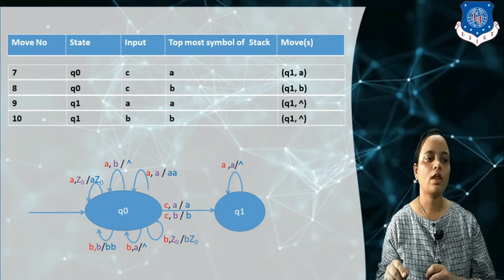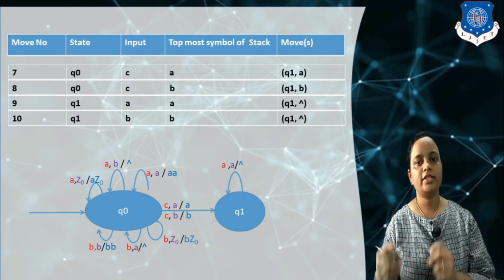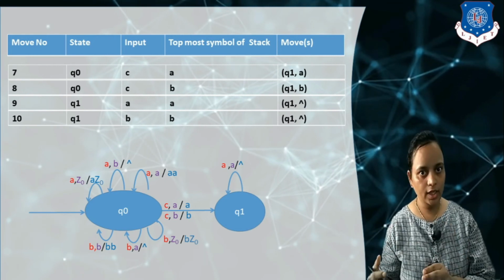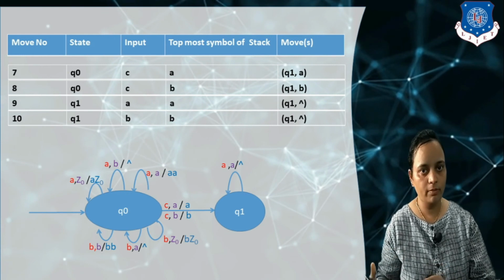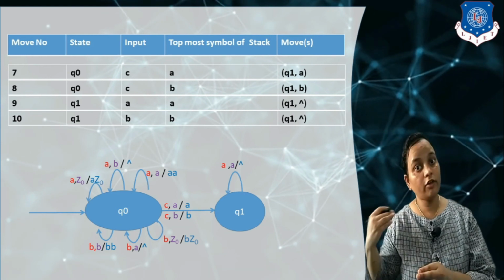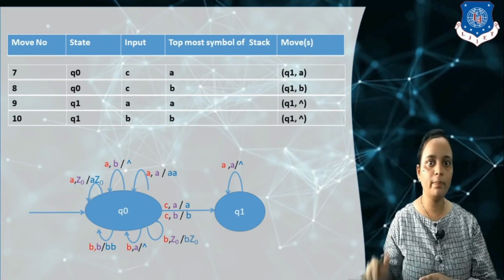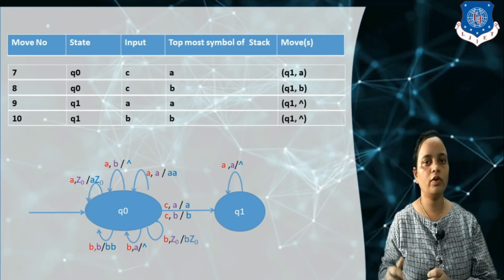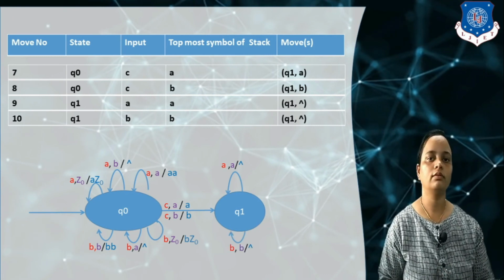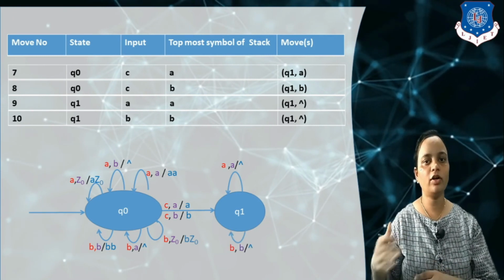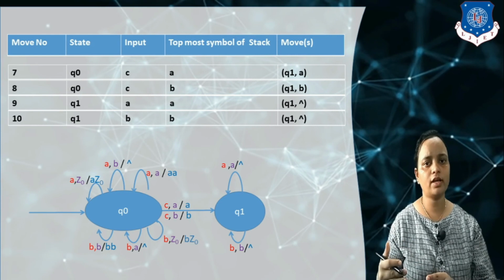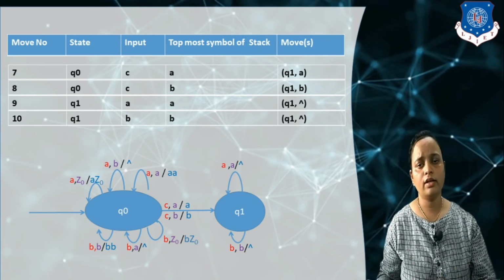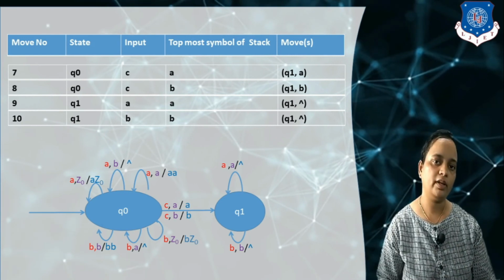Same way, at state q1, now we write the possibility for B. If input is B and the top of the stack also contains B, the same symbol, we perform a pop operation, so q1 comma null. This is repeated more than one time. Any number of B's may come with B on top of the stack, and it performs a pop operation.